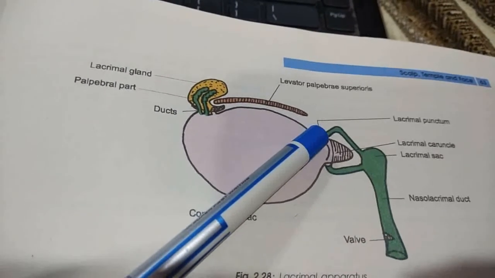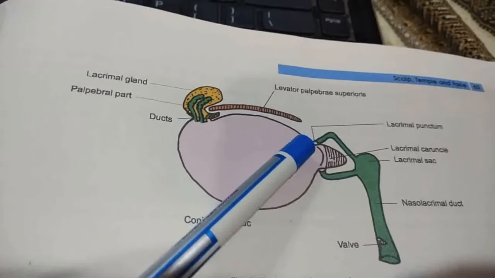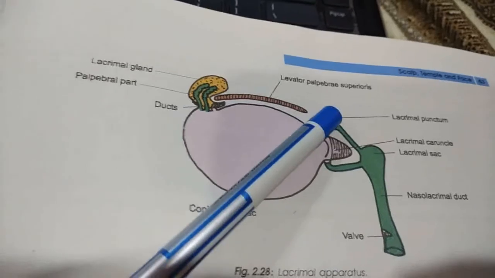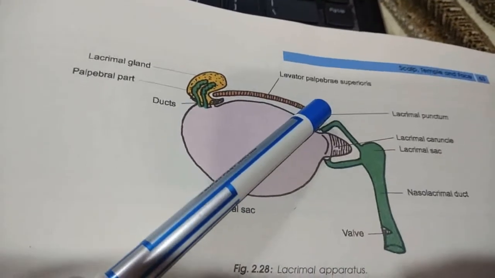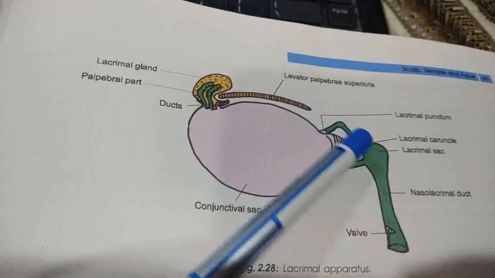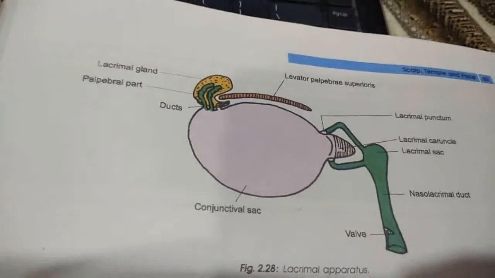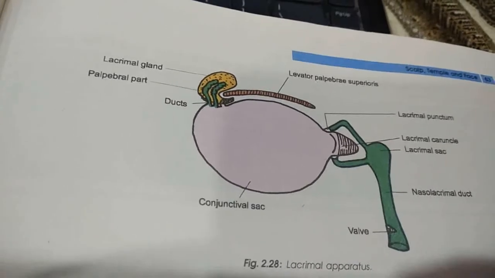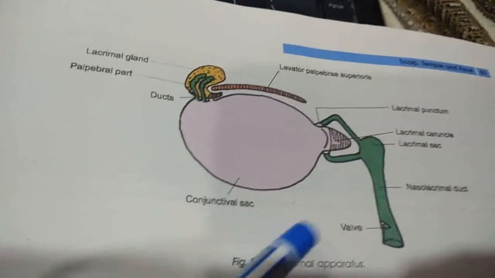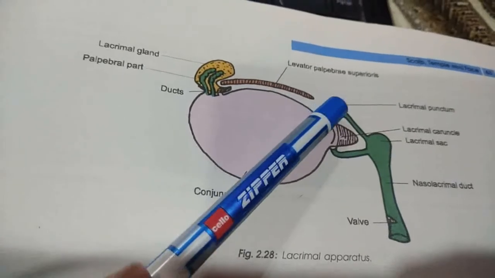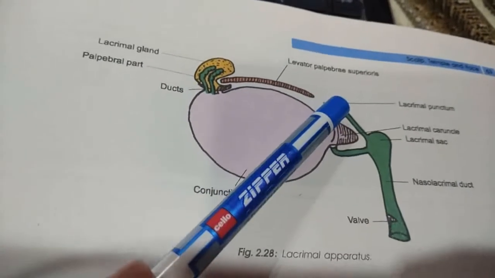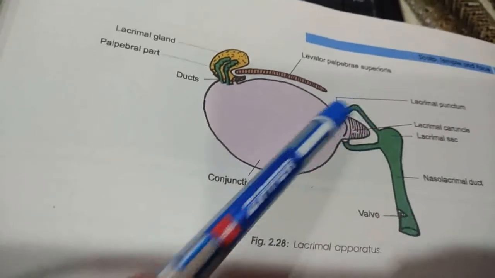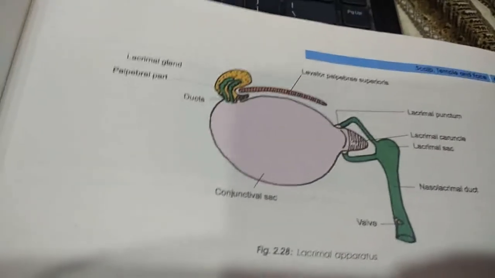It has a vertical part which is 2 millimeter long and a horizontal part which is 8 millimeter long, so the total length of the canaliculus is 10 millimeter.